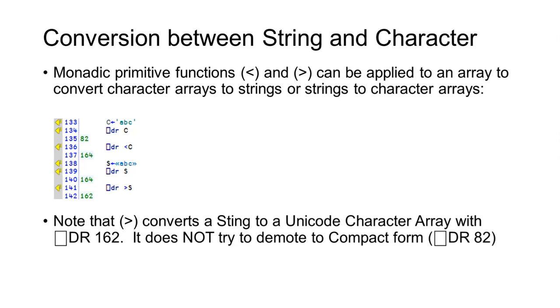The compact form is only demoted to if you directly quote it. So if you're writing code and you say quote, then some number of characters, and then an ending quote, we will use the most compact representation. If all the characters are in quad AV sequence, we will use the traditional compact character representation.